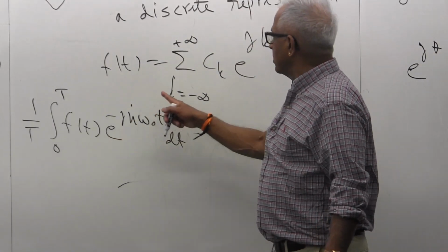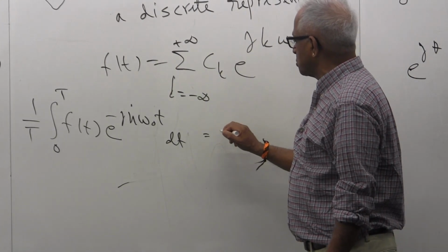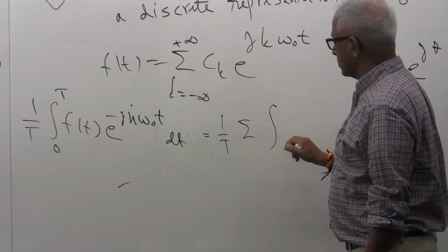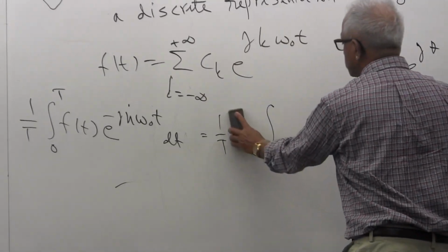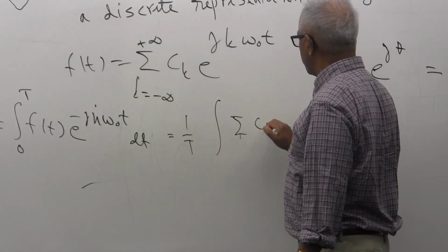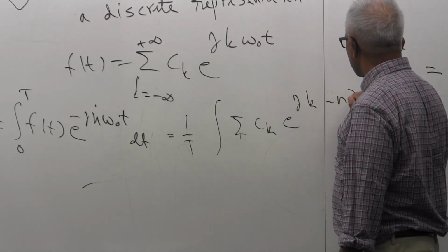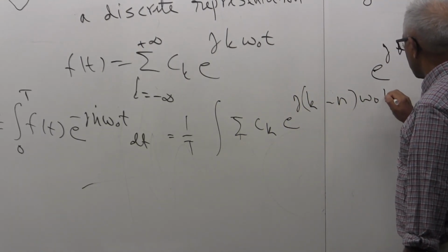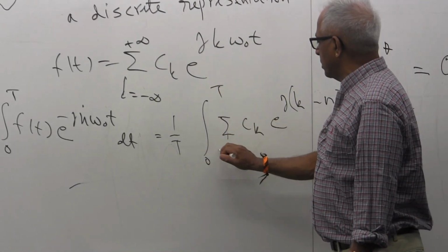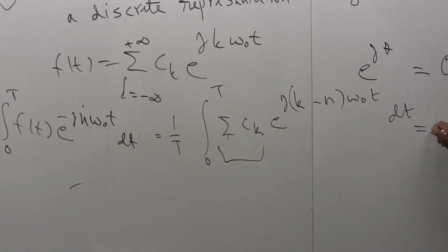If it is plus here, I put minus here, and now if I substitute this expression here, this comes 1 over T integral, I'm going to substitute for c_k e to the power j, 0 to T. Remember, integration is on t, so this is a constant that goes outside.